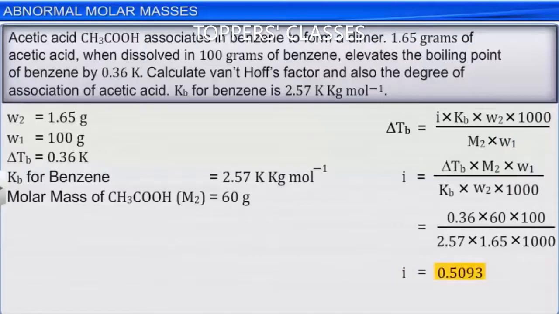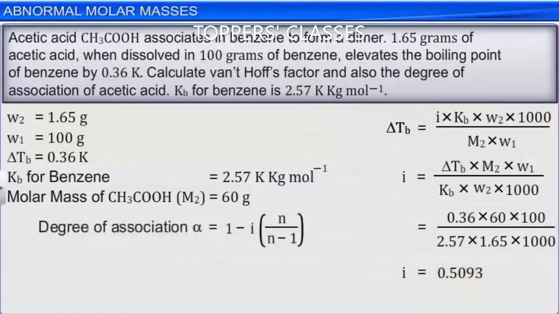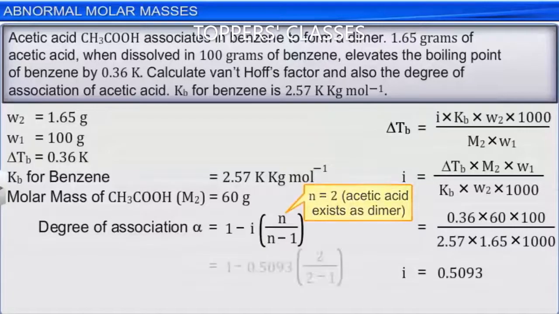Substituting for i in the equation, degree of association alpha is equal to (1 minus i) multiplied by n, divided by n minus 1. Now, n for acetic acid is 2 as it exists as a dimer. On solving, we get degree of association alpha is equal to 0.98.